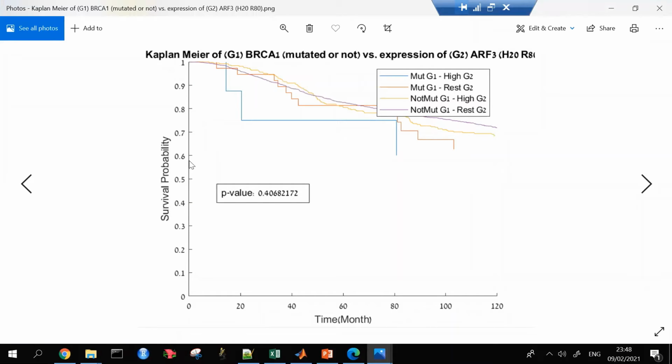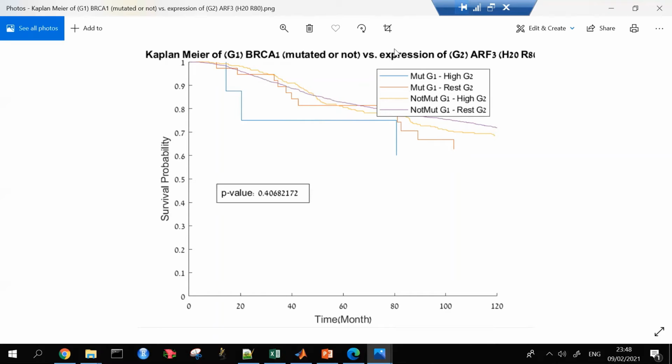So here you see a Kaplan Meier analysis of gene 1, which is BRCA1, and we split the patients by whether they had a mutation or not in BRCA1. They had a mutation in the blue group and the red group; they did not have a mutation in the yellow and purple groups.